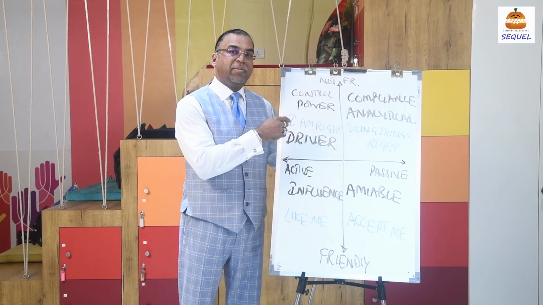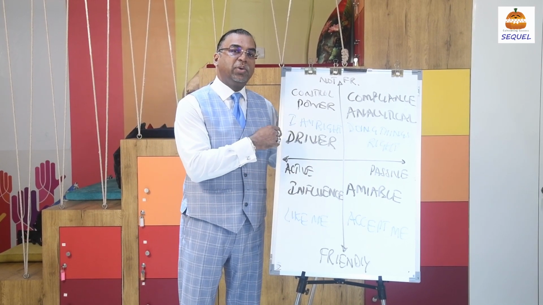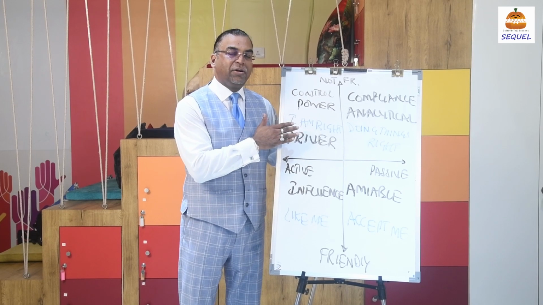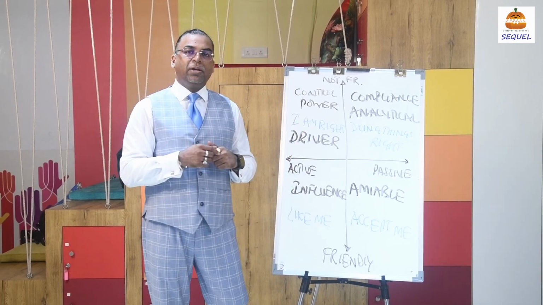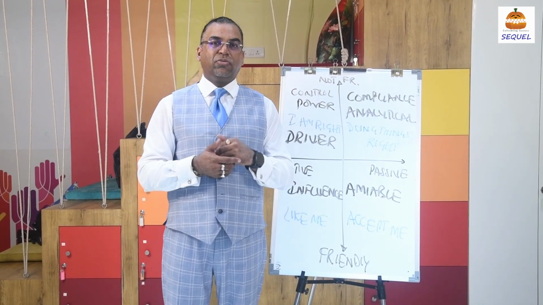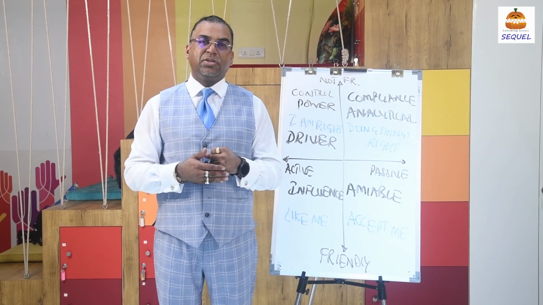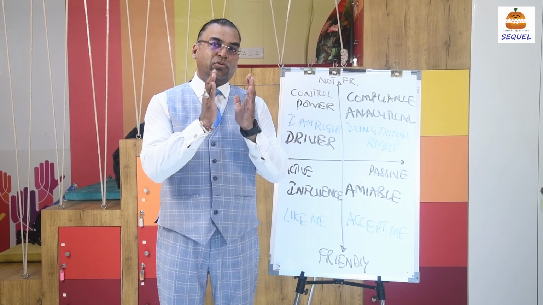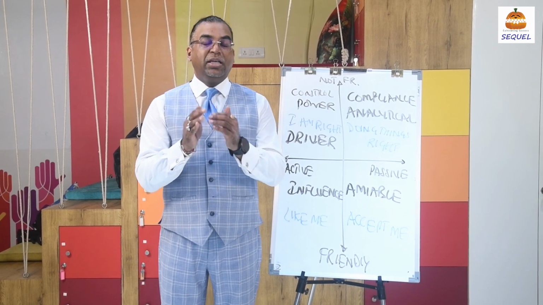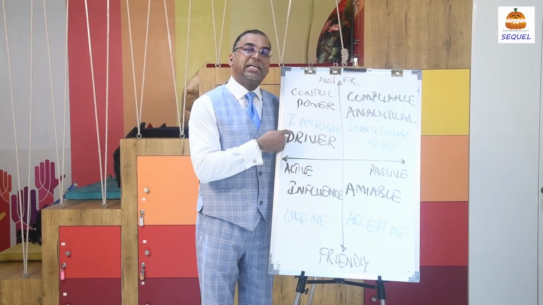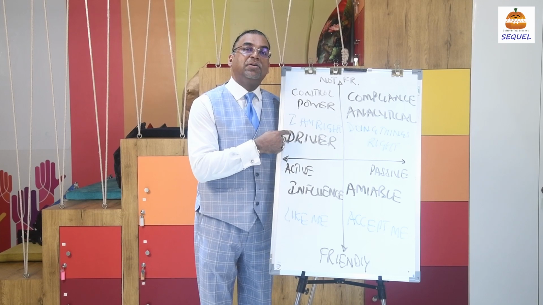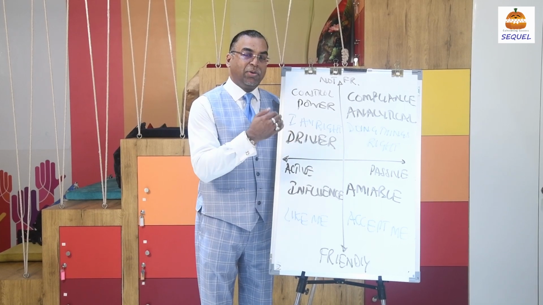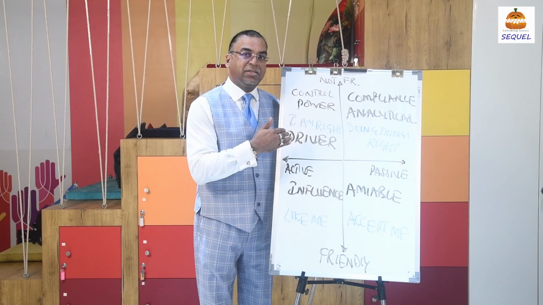However, I'm again repeating, the driver is not aware that's the way he or she is. When I say they are highly goal focused, for them achievement of objectives is extremely critical. They would want to focus primarily on that, and in the process, they don't mind sacrificing any other personal work which they may have, because for them the achievement of this task is important.